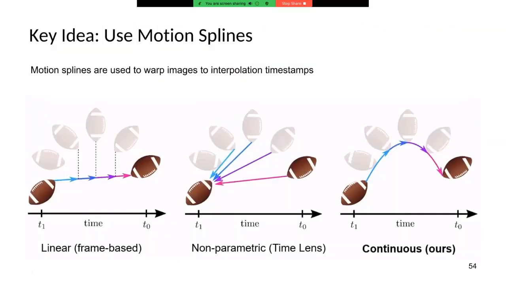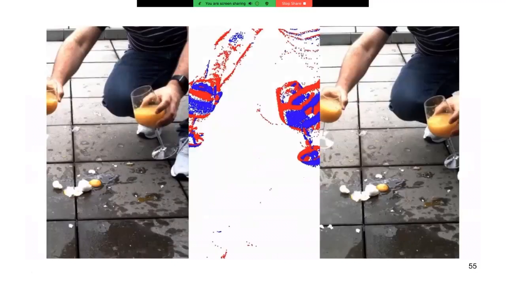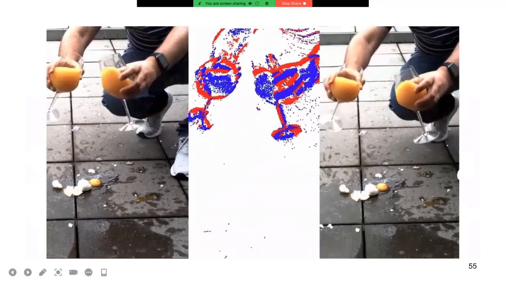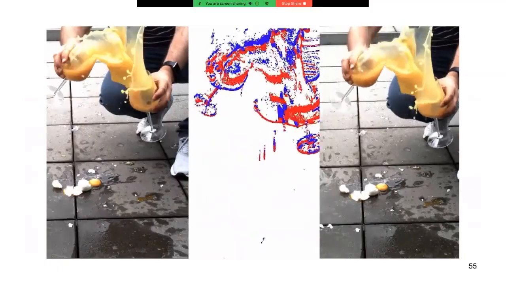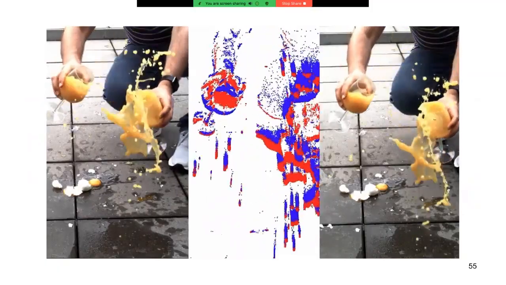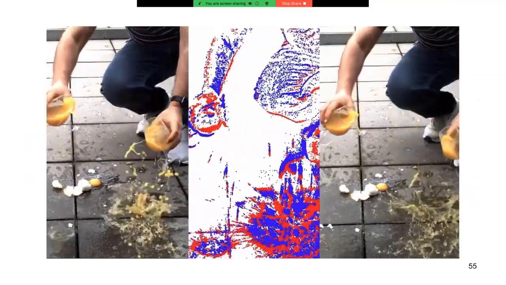And this is kind of the key insight. Of course, there are multiple other things that need to be done to make this work, but I would say this is one of the key components of this method. And the results are quite good. So you can see here to the left, the input frames and the input events, and on the right, the predictions from this data.